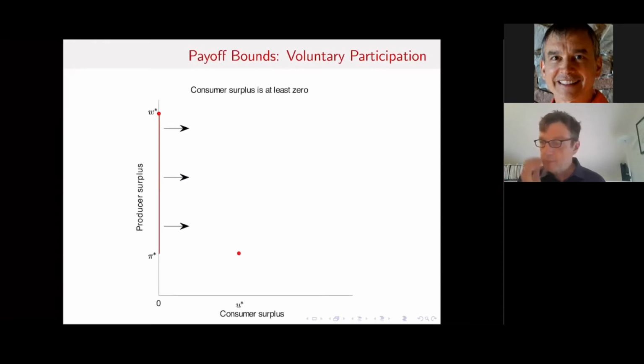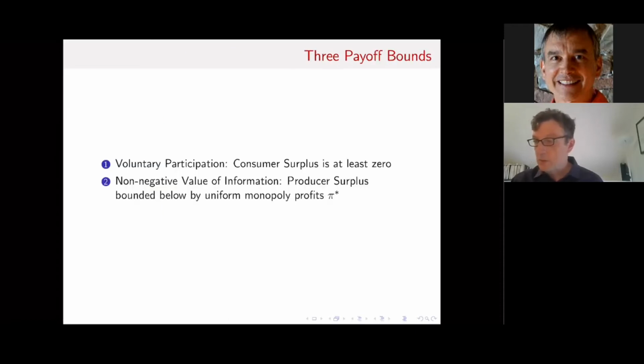And so the 3 arrows here that are pointing outside are basically giving me the first bound. It must be the case that whatever we get from segmentation, whatever we get from price discrimination, leaves the consumer with a non-negative surplus. And as we saw before, when we looked at this particular point here, it will often leave him with quite a bit of consumer surplus.